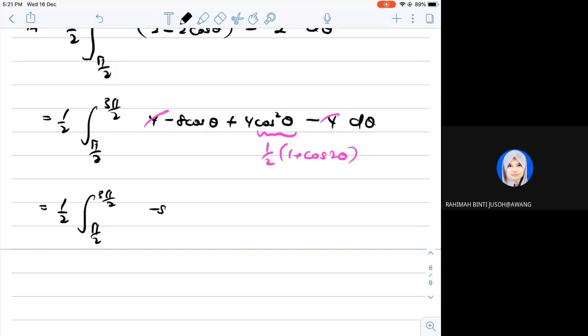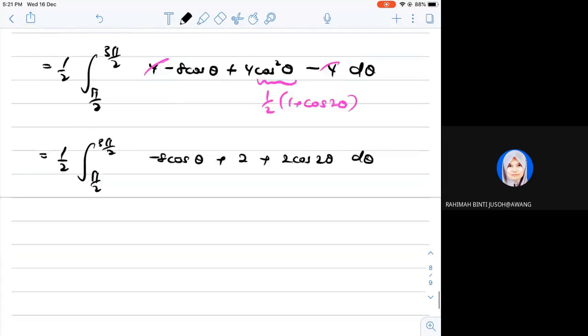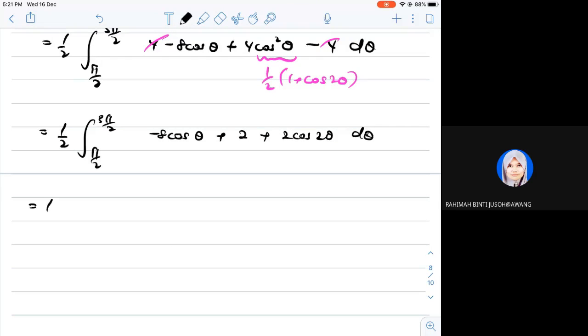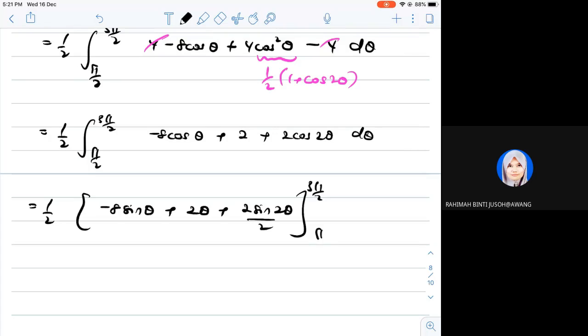So we have negative 8 cos theta plus 4 times half, so 2 plus 2 cos 2 theta d theta. Okay, so we will get this. Integrate negative 8 cos theta, so negative 8 sine theta plus 2 theta plus 2 sine 2 theta over 2. Substitute 3 pi over 2 and pi over 2.